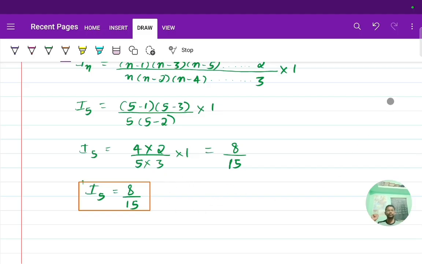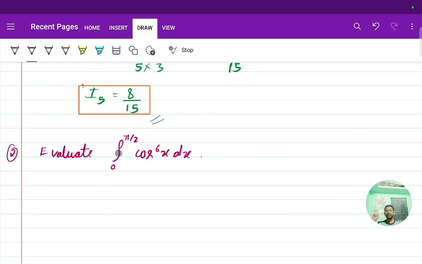Then the next problem, the second problem, is evaluate integration over 0 to pi by 2 cos power 6x dx. Let's solve this. Solution.